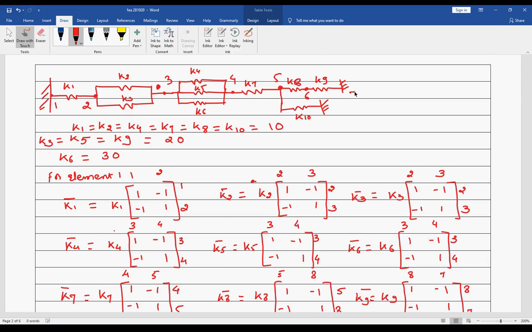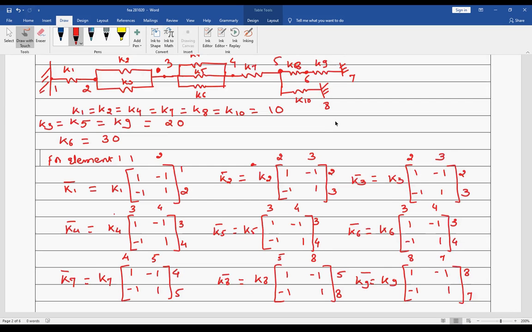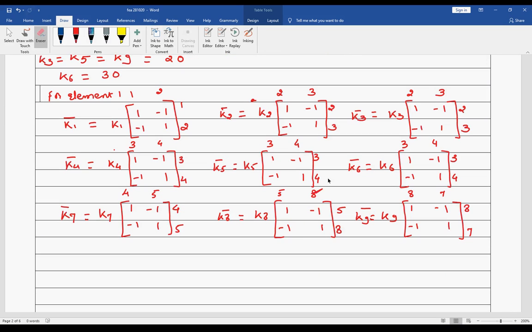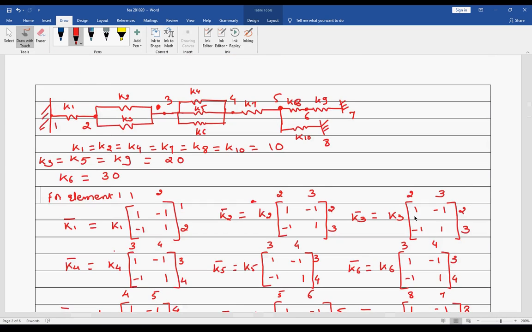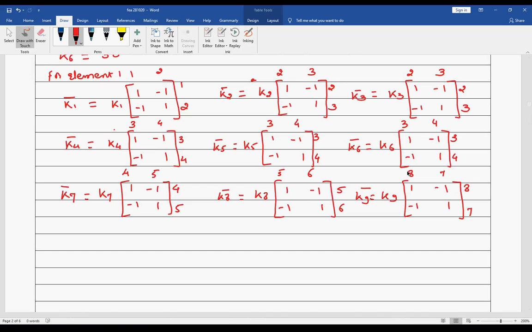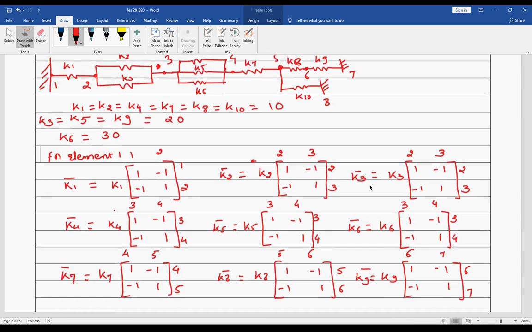So I call this 6, 7, and this is 8. So 8 is connected to now 5 and 6. Okay, and now 9 is connected to 6 and 7. Doesn't make any difference, but 7, 8, then you have to identify the element, so it will not go sequentially.